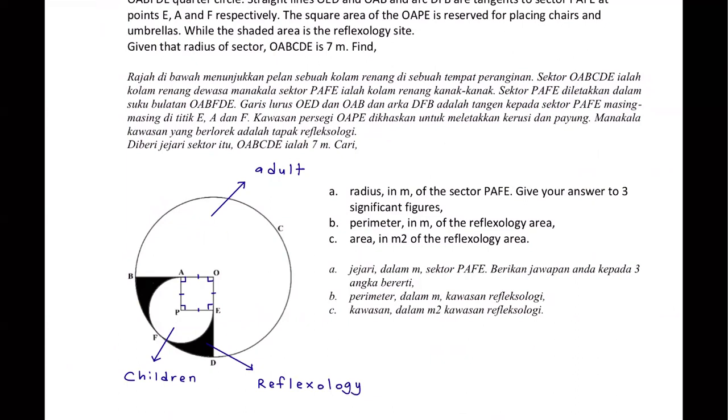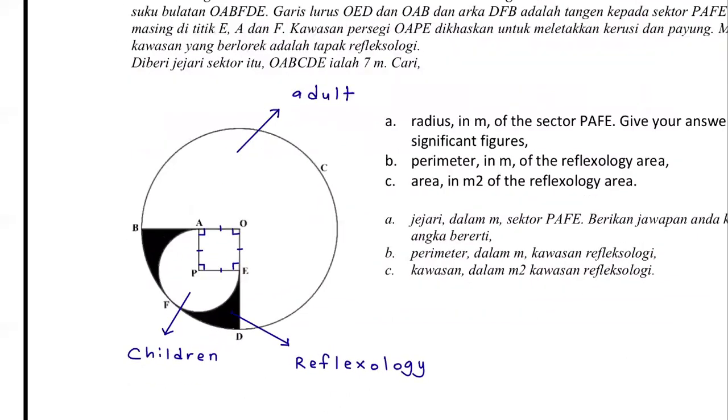Yeah, settled, right? So I think you understand soalan dia. And only one piece of information is given. Itu apa dia tahu? Dia bagi radius. So this radius is 7, you know. So this is the first and only thing we have. The radius is 7.